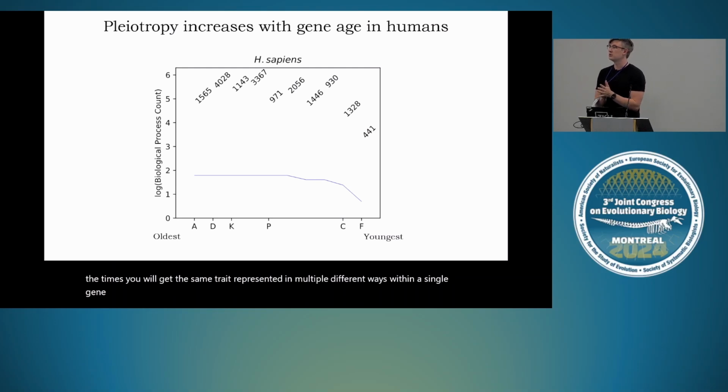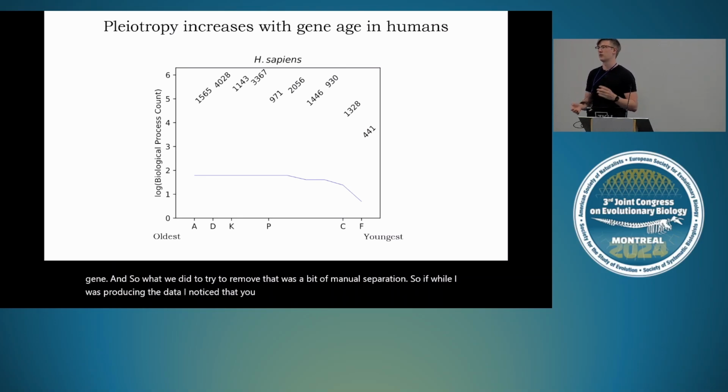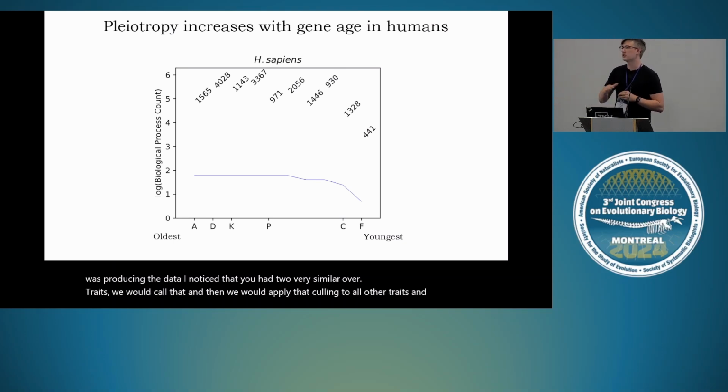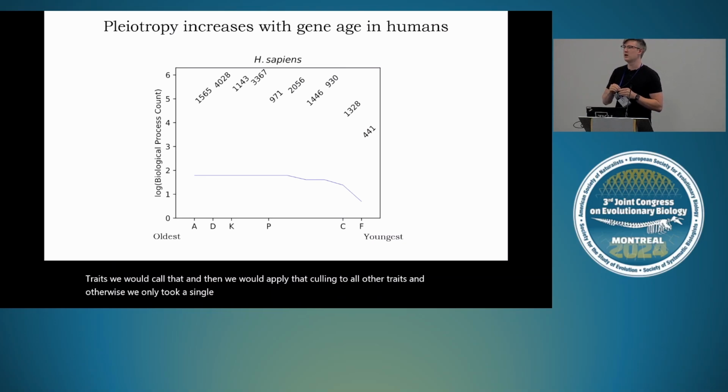And so what we did to try to remove that was a bit of manual separation. If while I was perusing the data, I noticed that you had two very similar or overlapping traits, we would cull that, and then we would apply that culling to all other traits. And otherwise, we only took a single instance of a tip of the gene ontology tree to try to limit that.